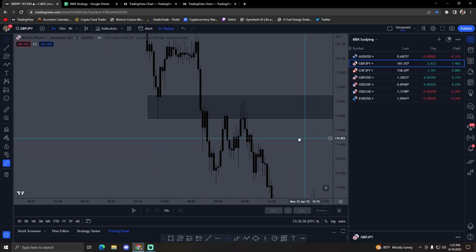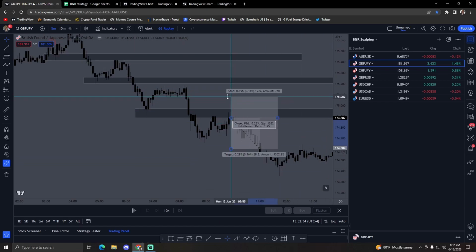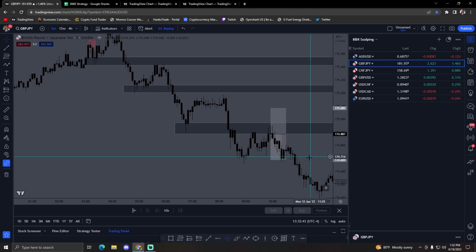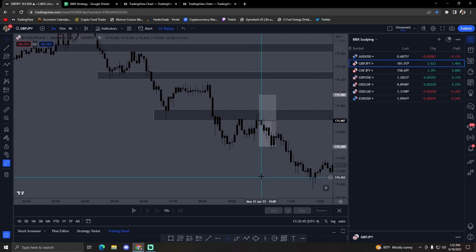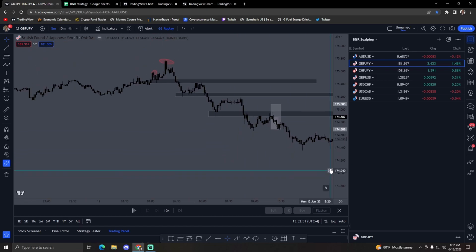Entry was right around there, stop loss just above the zone, aiming for a 1-to-1. This did hit the TP pretty nicely. It didn't take too long, about 25 minutes.